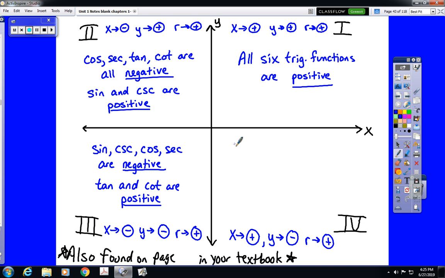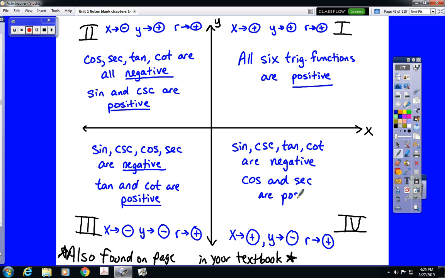And then in quadrant 4, the sine, the cosecant, the tangent, and the cotangent are negative. And the cosine and secant are positive. Again, this information is also found in your textbook on page 30.